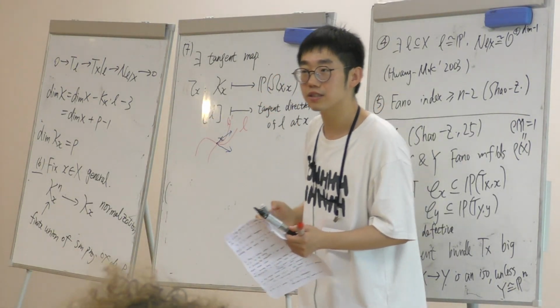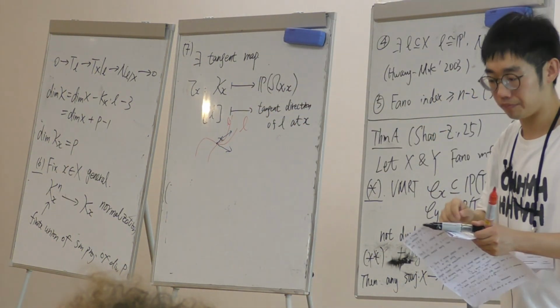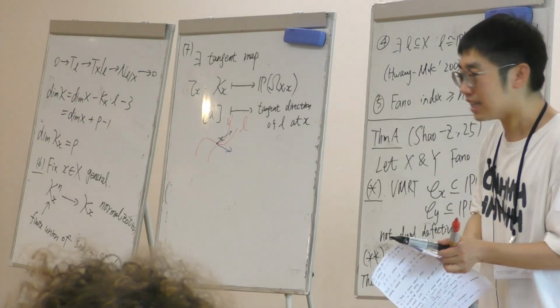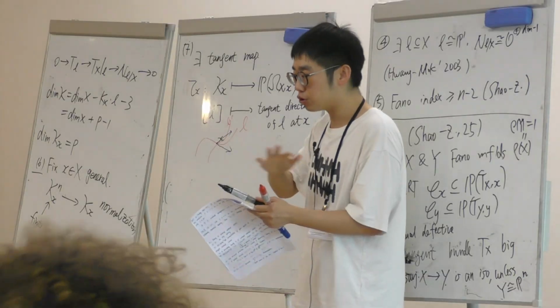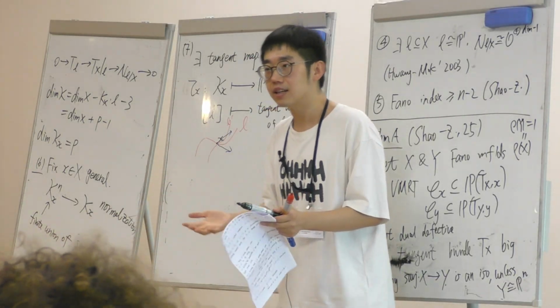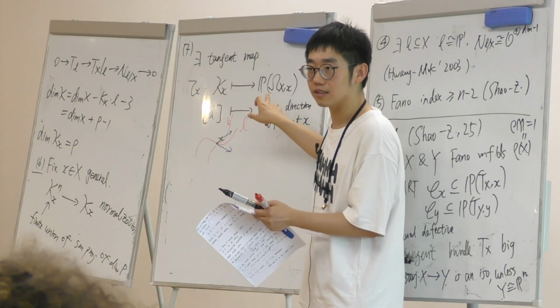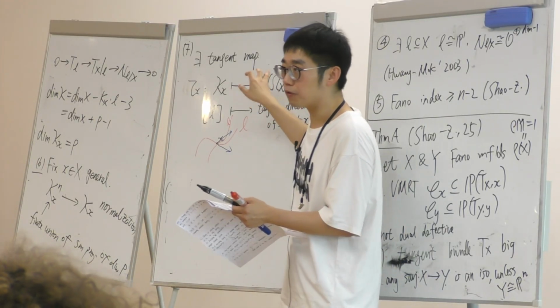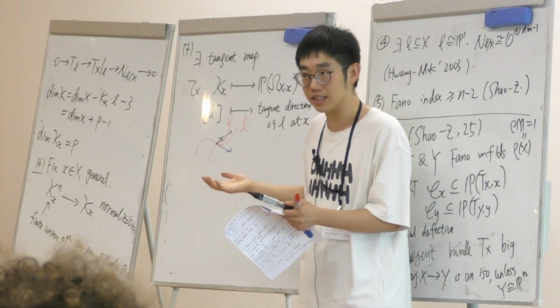as an element. Maybe we should take dual. I have said if you only consider the usual projectivization of lines, then you should write this as PTXX. But now, all of the projectivization in our case is in the sense of Grothendieck.